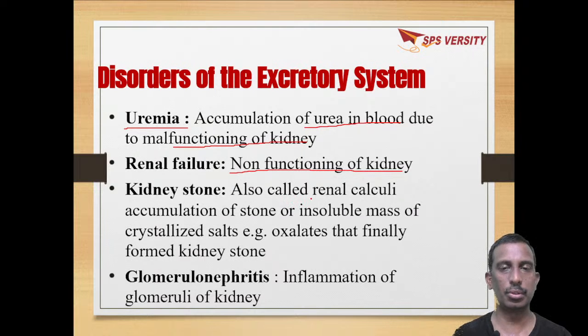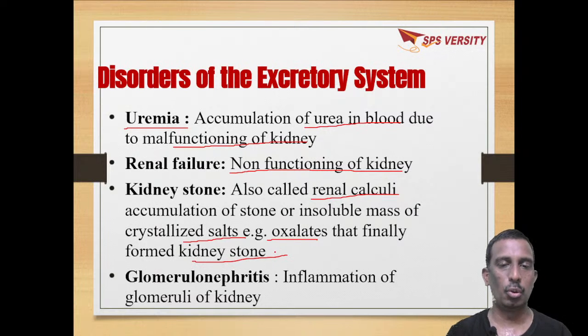Stones, also called renal calculi, are accumulations of crystallized salts, that is oxalates, that finally form kidney stones. Glomerulonephritis is inflammation of the glomerulus of the kidney.